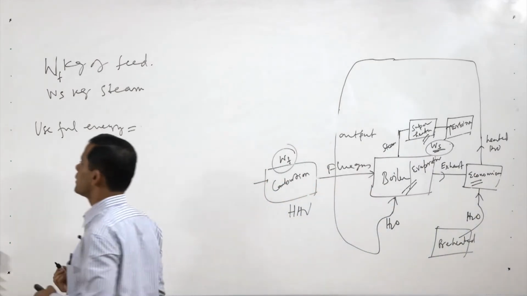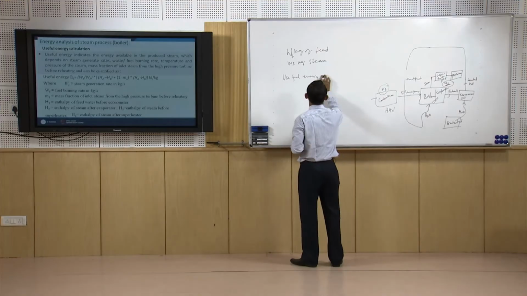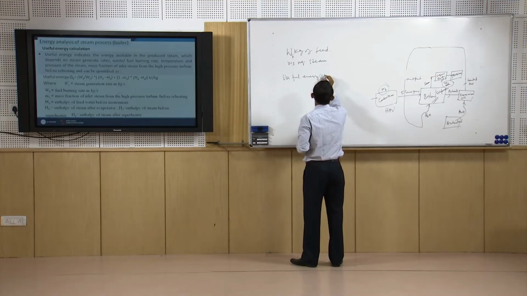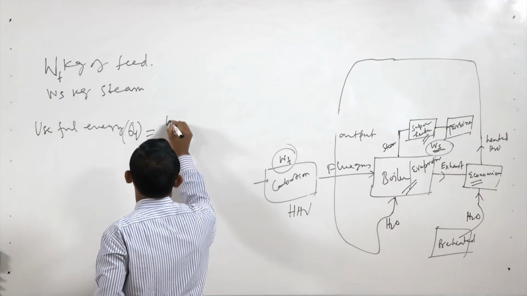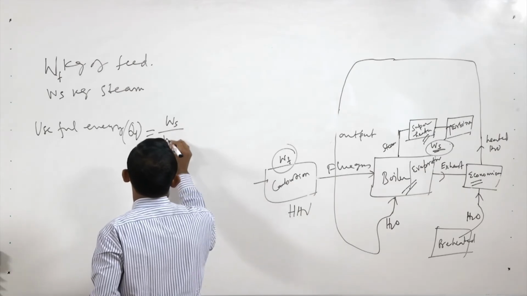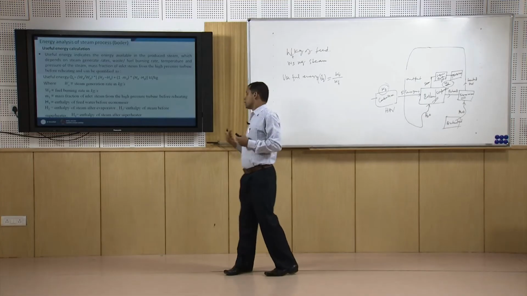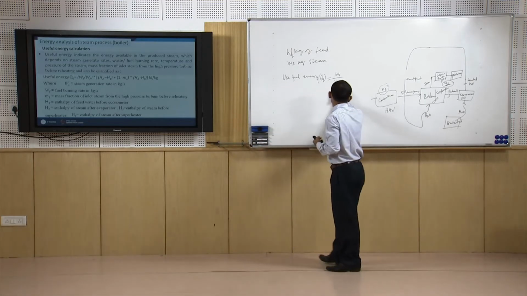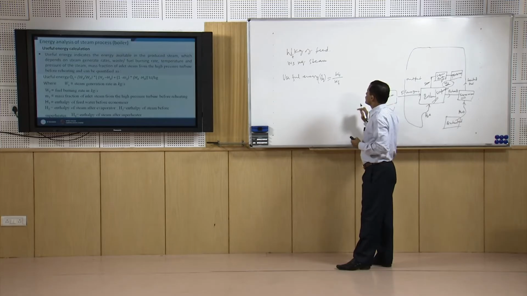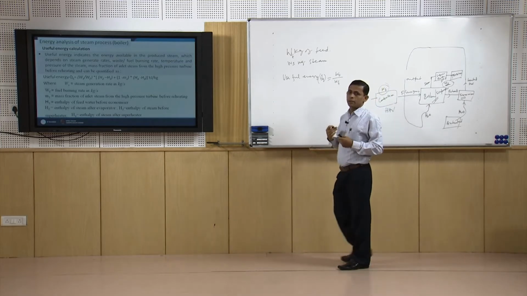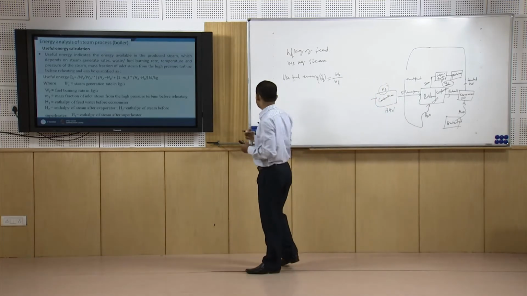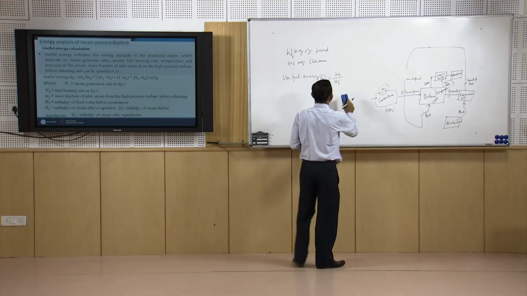So, useful energy in this case, if we define it as Q1, that is equal to Ws by Wf. Ws is the kg of steam generated and Wf is the kg of fuel we are using. So, Ws by Wf is the steam generated per kg of feedstock.